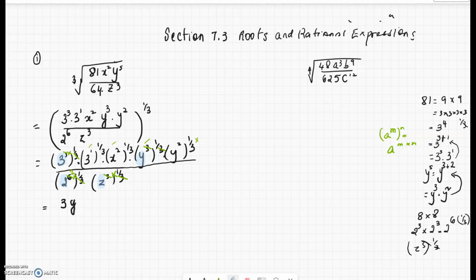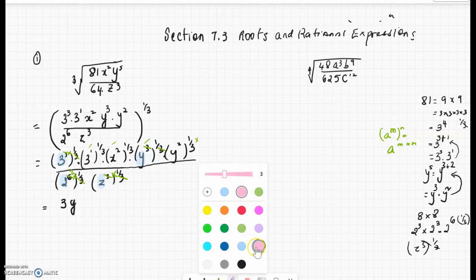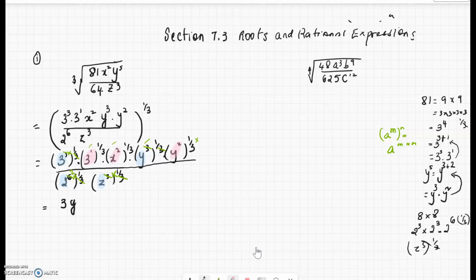Now I'm going to write down the rest of the terms in the numerator. So this has a whole to the 1/3, this has whole to the 1/3, and this has whole to the 1/3. So I'm going to write down all those. So that's going to be 3 to the 1/3, x squared whole to the 1/3, y squared whole to the 1/3.